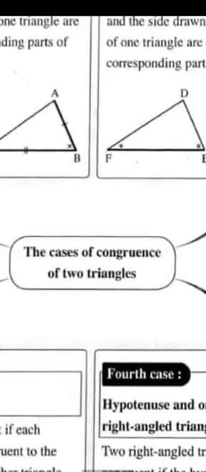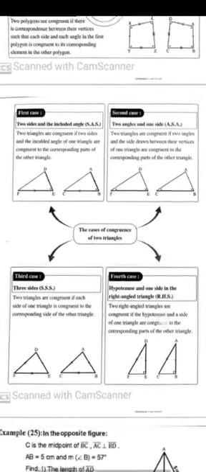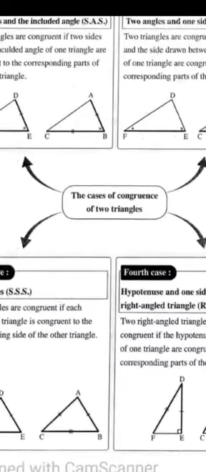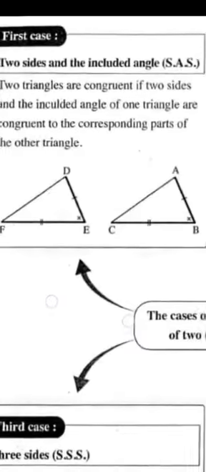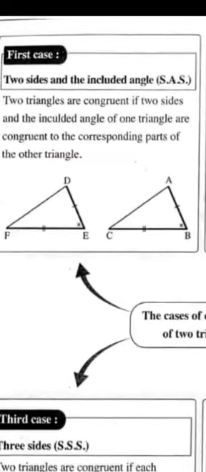Now we will talk about the congruence of triangles. The congruence of two triangles. How can we prove the congruence of two triangles? Okay? We firstly start with the first case. The first case is we can prove the two triangles are congruent if two sides and the included angle in the first are congruent or equal with the two sides and included angle in the second.